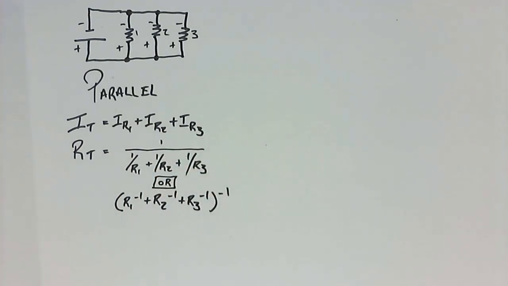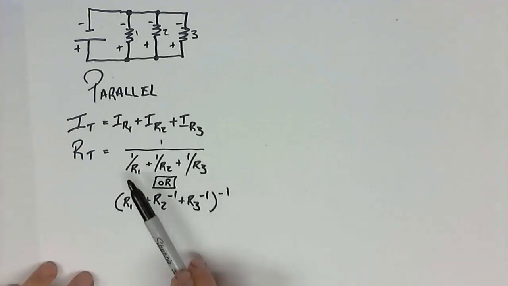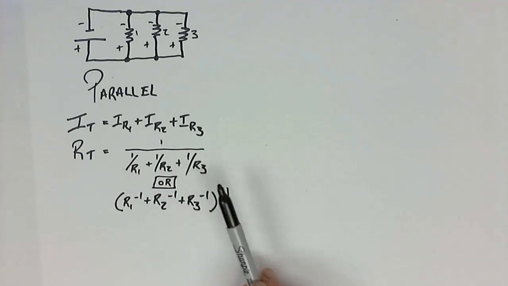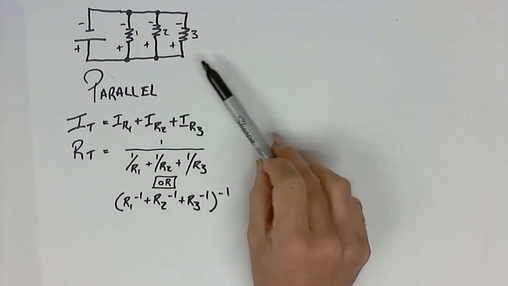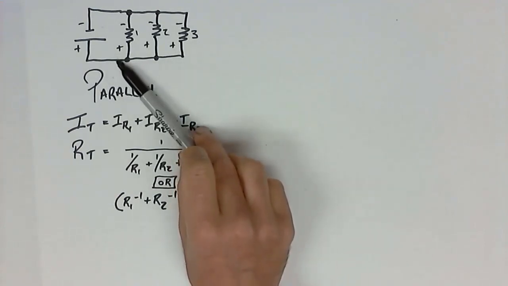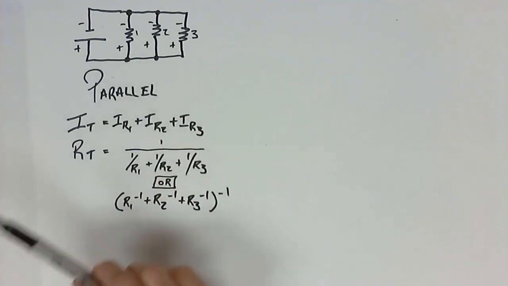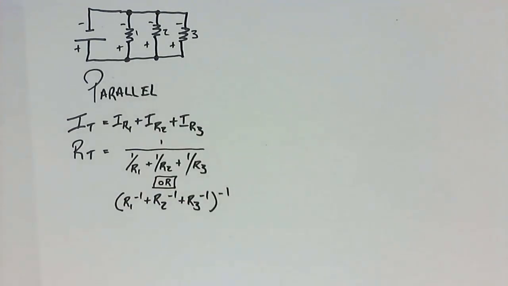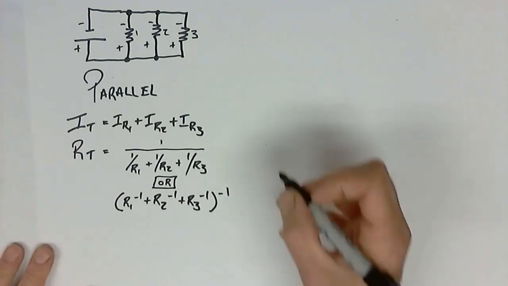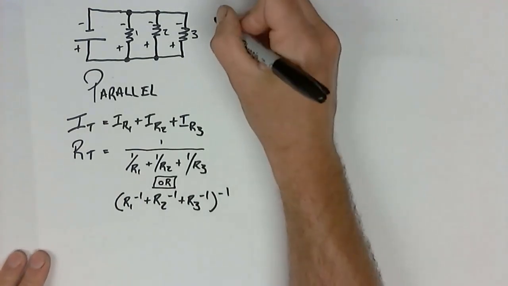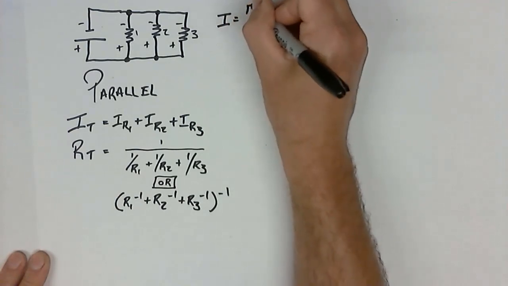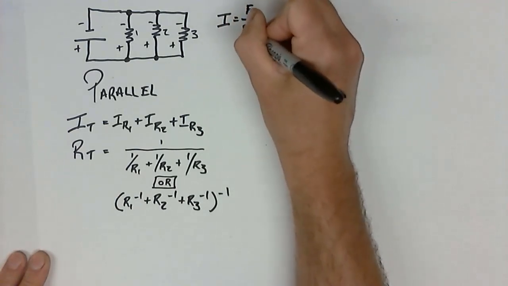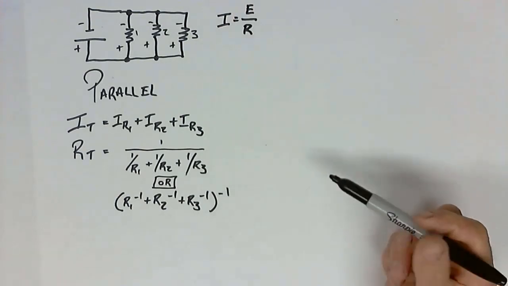Now this is different than in series, right? As you add more resistors in parallel, what happens? If we added another resistor in here, we'd get more current, and more current would then mean, by Ohm's law, the resistance would have to have gone down. So I always like to use Ohm's law and just have Ohm's law handy when I am interpreting results of a parallel circuit.